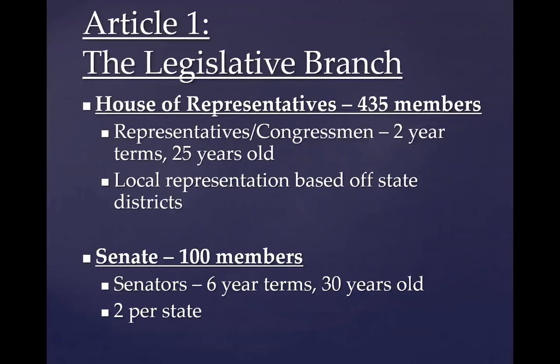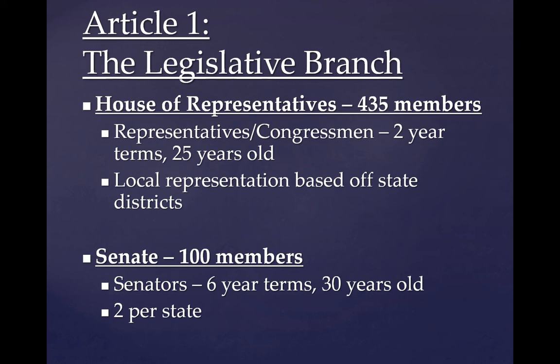The Constitution is laid out in a number of articles, and each of these articles has subsections that lay out the different branches of government. Article 1 deals with the legislative branch, and it deals with the House of Representatives and how it is going to be set up. It deals with who can become a representative and what they are responsible for.